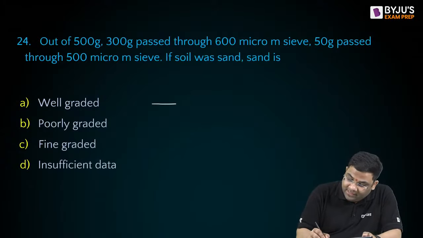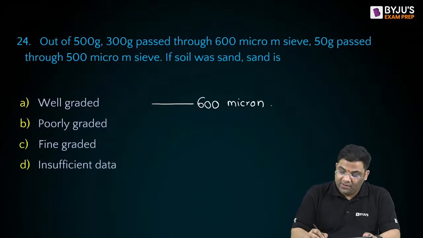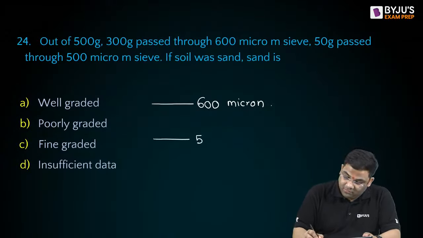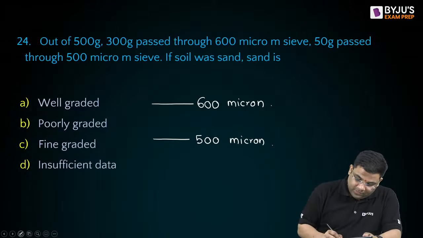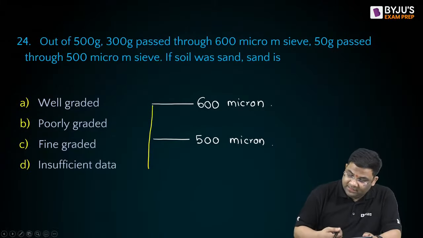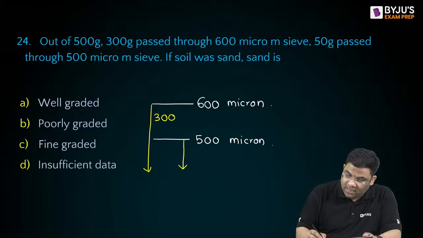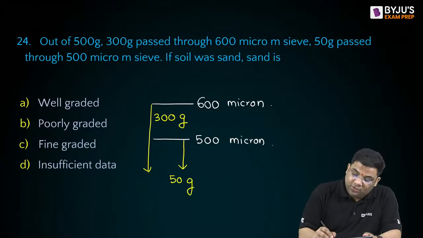So we have this 600 micron and we have this 500 micron. Below this, how much passed? Below 600, 300 passed. Below this, 50 gram passed. And the total is 500 gram.